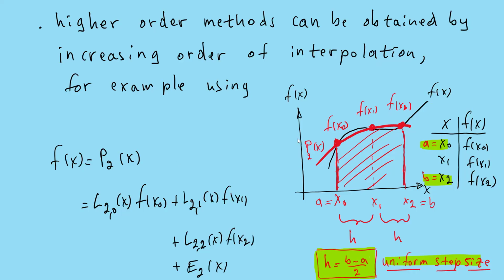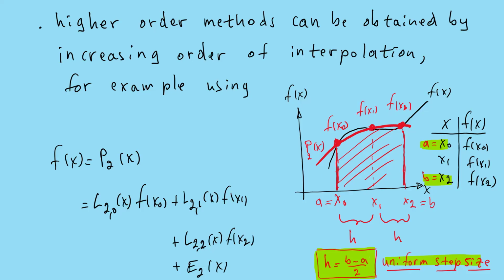But here we use a parabola that passes through 3 points, x0, x1, and x2, and we find the area under this graph. For this reason, the Simpson rule is more accurate than the trapezoid.